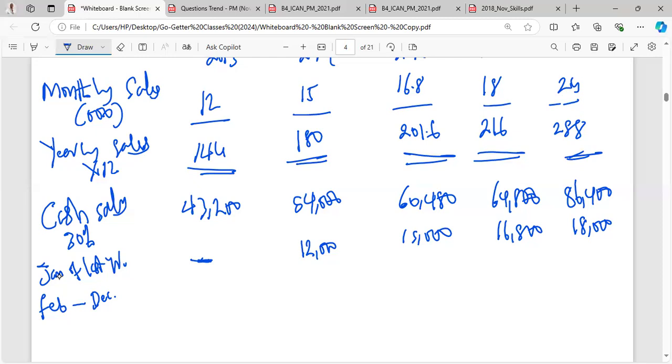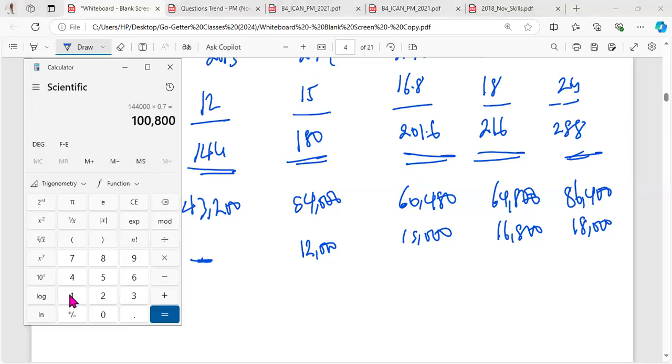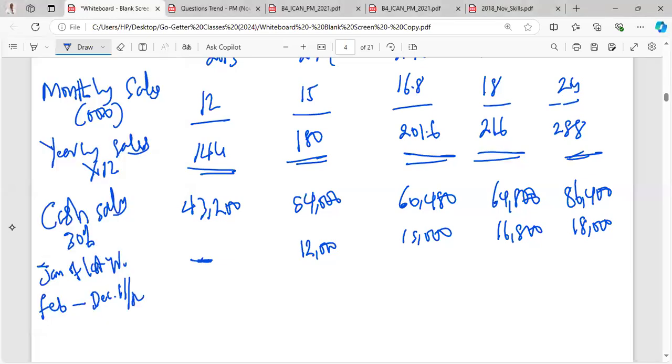So what I will do here is I will say 11 over 12, because you are collecting 11 out of 12. So what it means here is this 144,000, we are collecting 11 out of 12, 132,000. We are collecting it this year, 132,000.